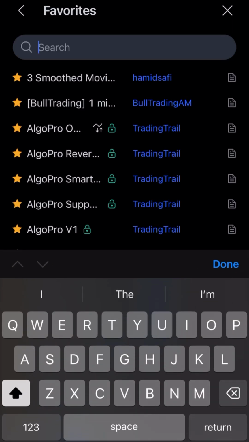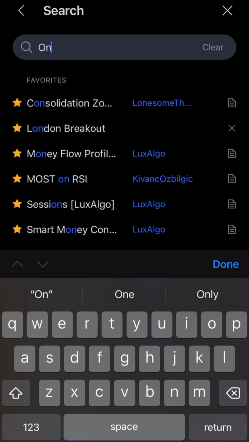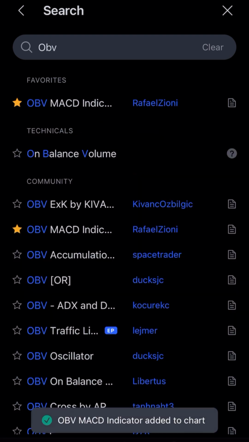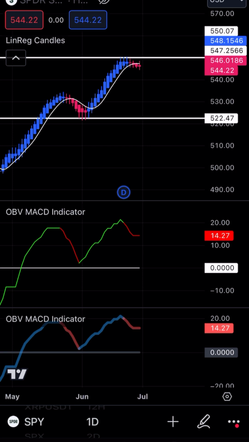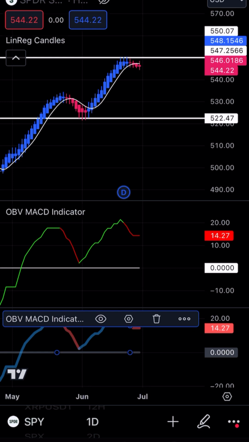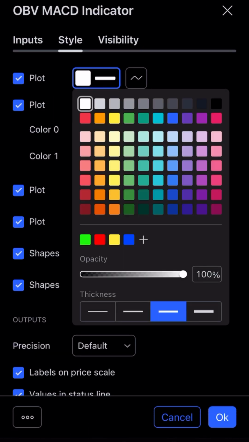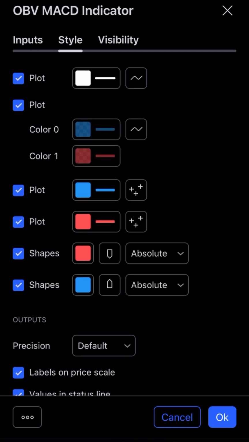And then the next one we're going to go to is the OBV MACD indicator. So when you first get it, it's going to look like this on the bottom. What I do is I change it up a bit. So I make the zero line white and less thick.